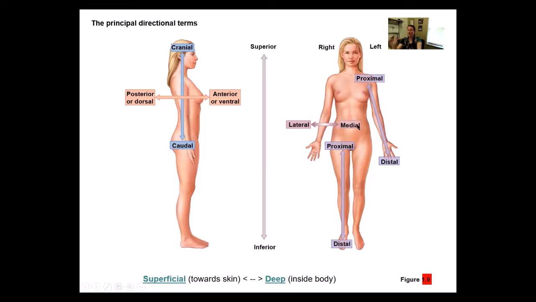Medial is closer to the midline of the body. Lateral is farther away from the midline of the body. So the belly button, right, is medial to the hip bone. And we can also use these terms on individual limbs, right? So the pinky is medial to the thumb. The thumb is lateral to the ring finger.